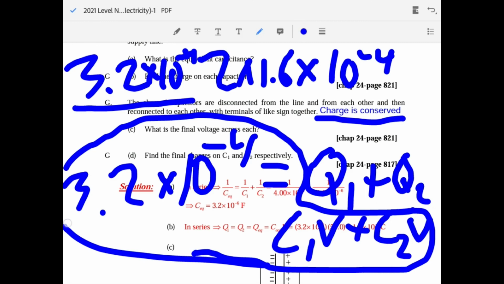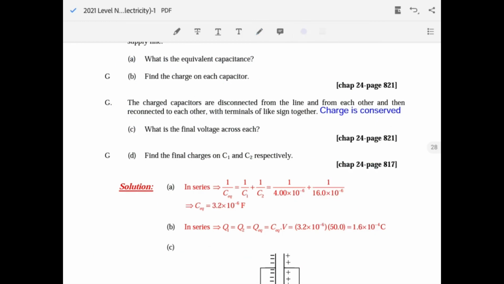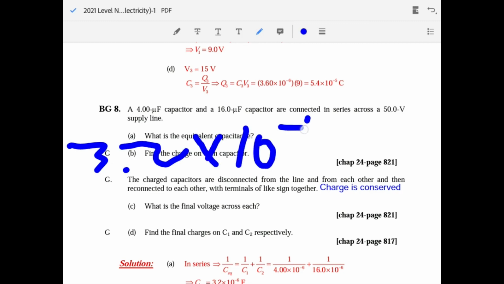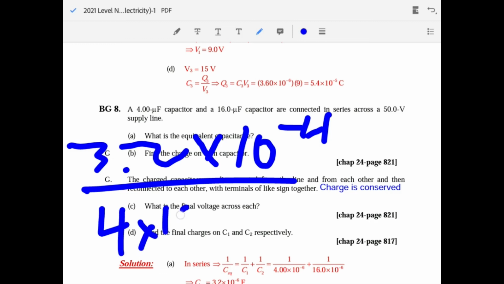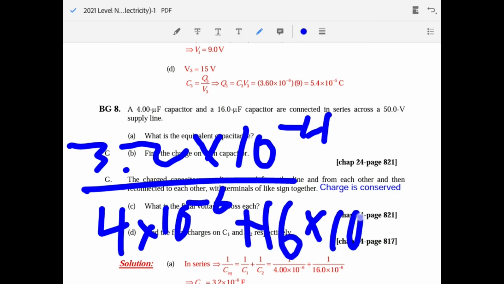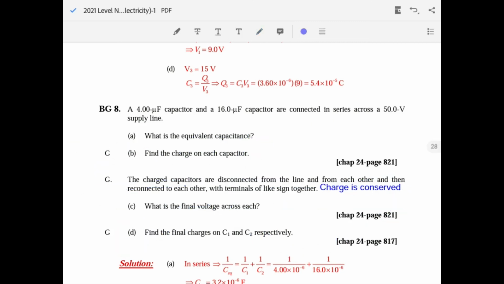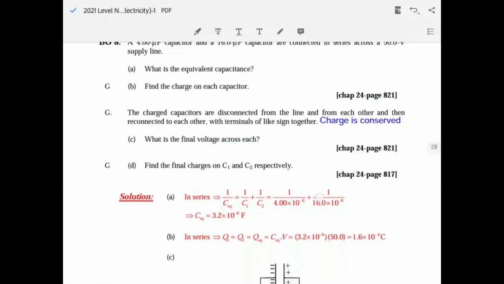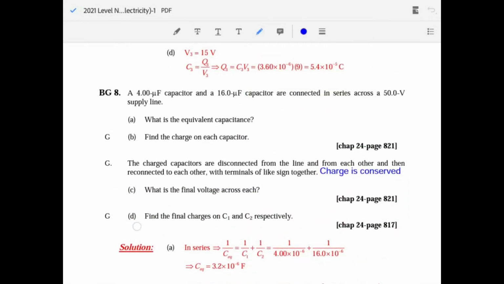So this will be 3.2 times 10 power minus 4 divided by C1 plus C2. 3.2 times 10 power minus 4 divided by 4 times 10 power minus 6 plus 16 times 10 power minus 6. That's the final voltage, and then you get 16 volts.